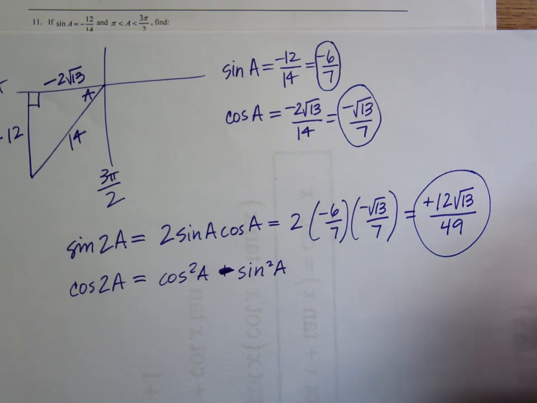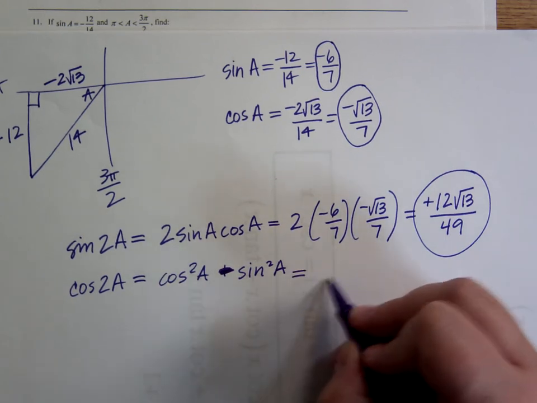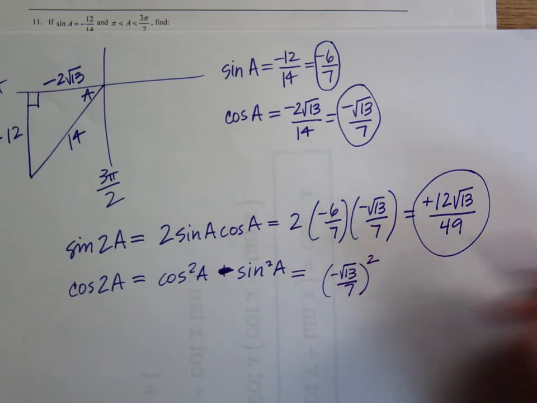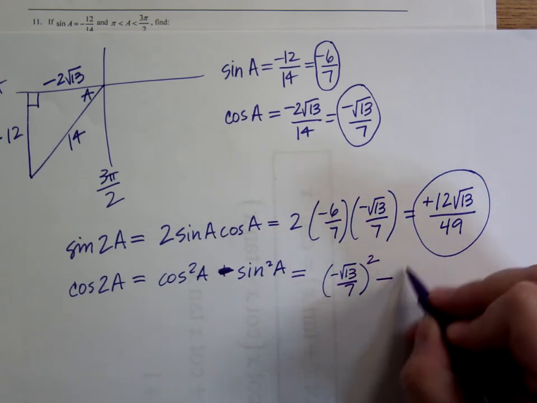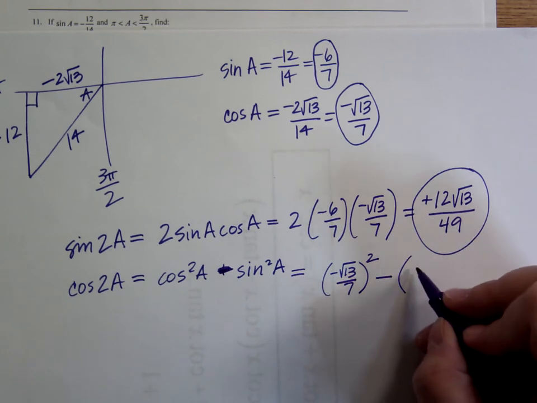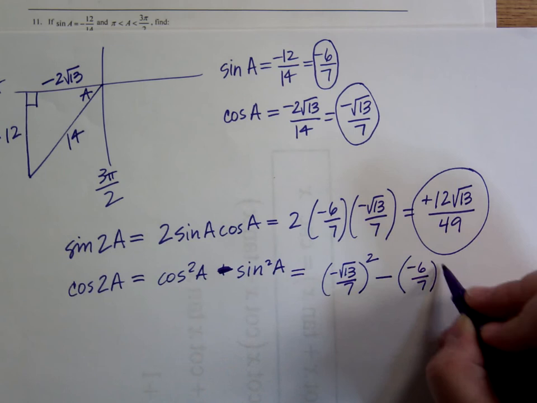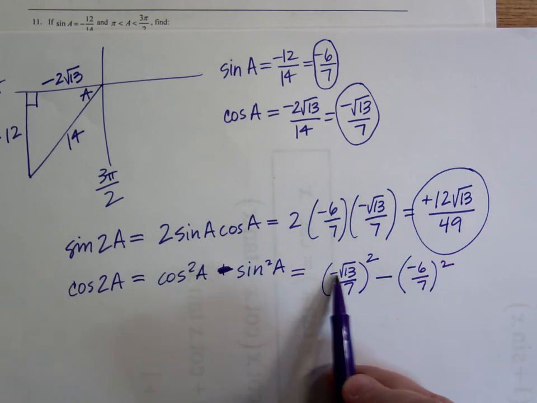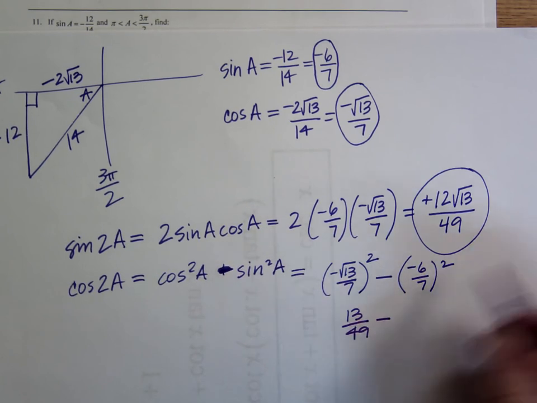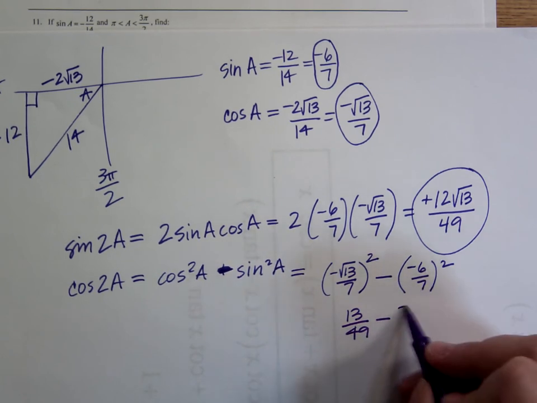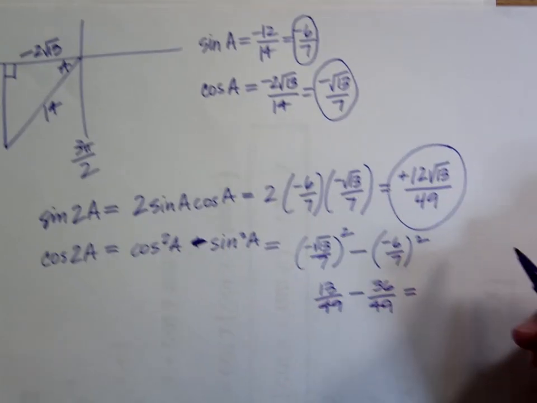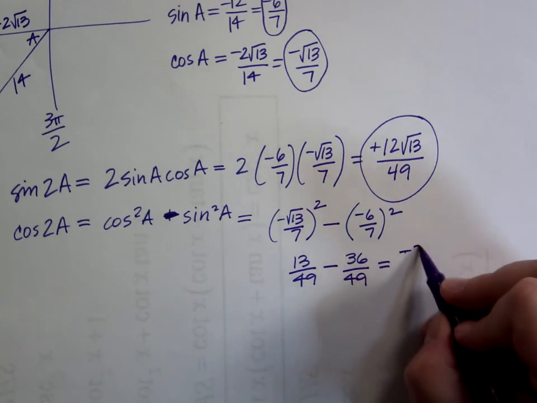Okay, so we have negative root 13 over 7 squared minus negative 6 over 7 squared. So negative root 13 squared is just 13. 7 squared is 49. Negative 6 squared is 36. 13 minus 36 is negative 23 all over 49.